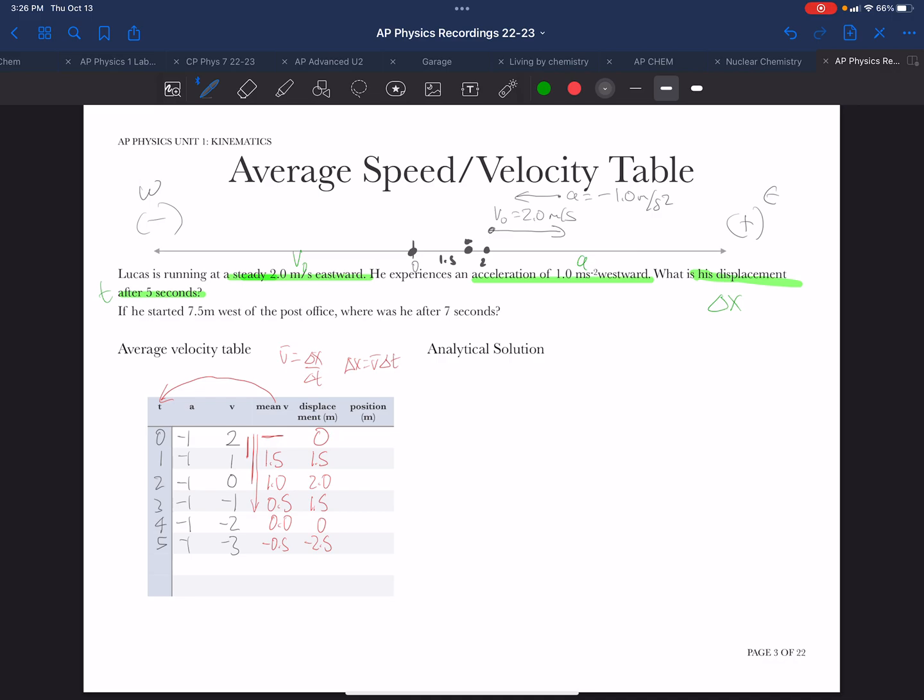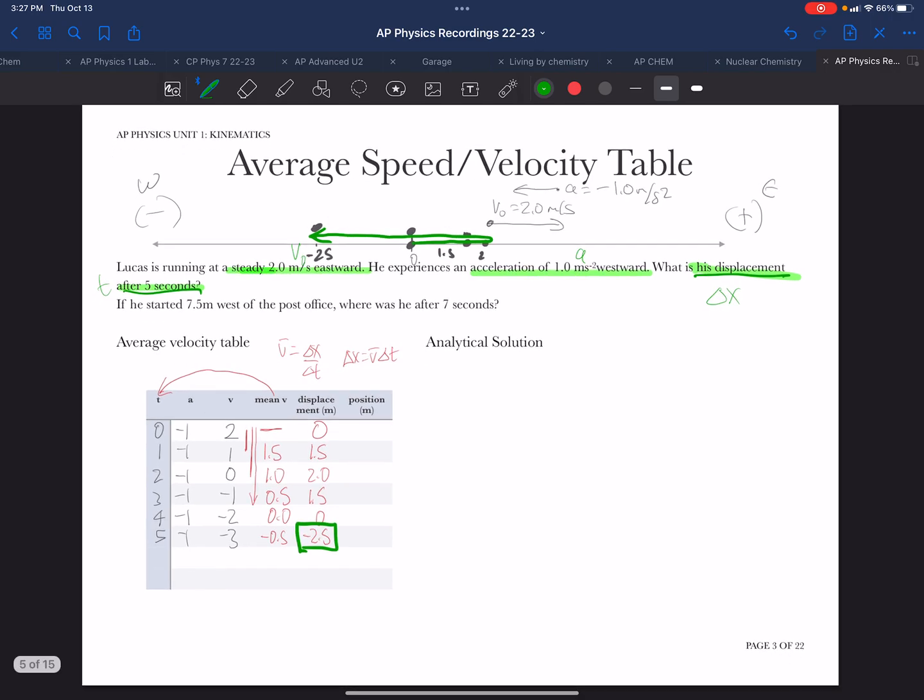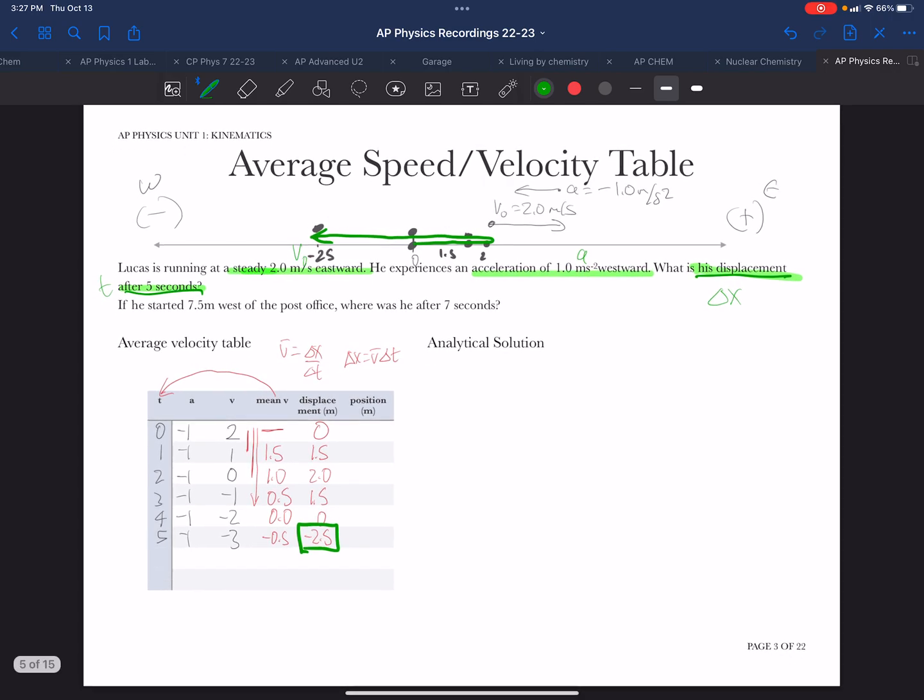Then he's at 0. And then he's at minus 2.5. So the path looks like this that he took. So what is his displacement after 5 seconds? That becomes a really easy question. It's minus 2.5, or in other words, he is 2.5 meters to the left of where he started.